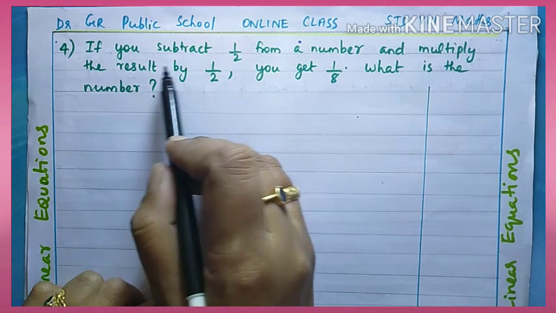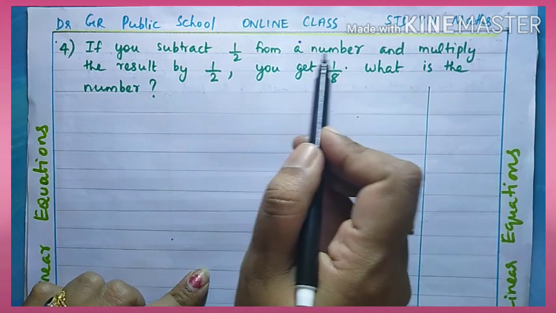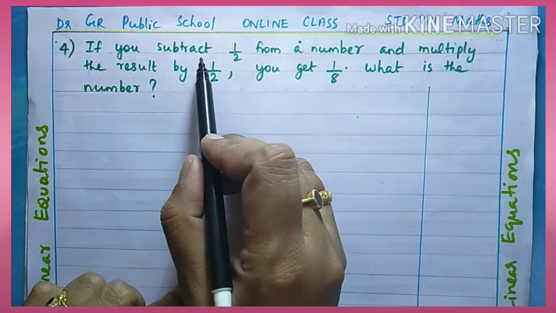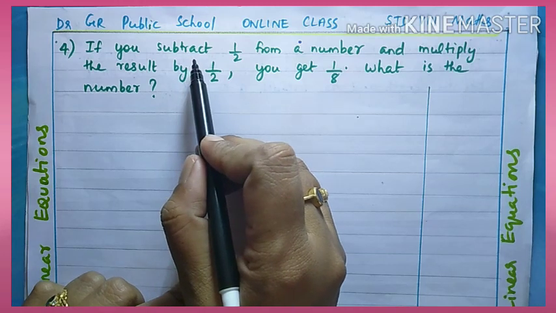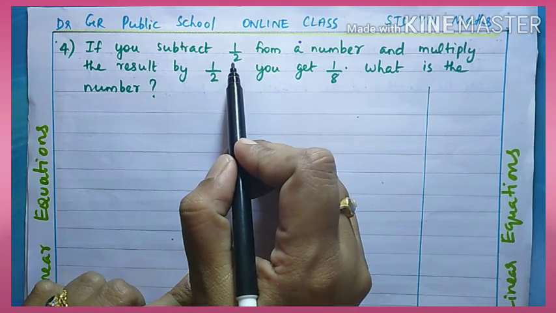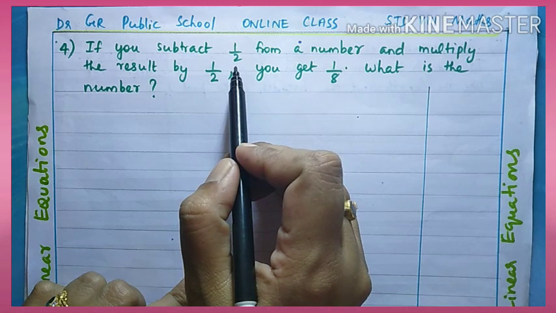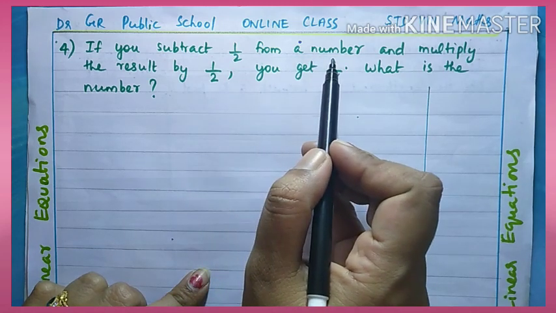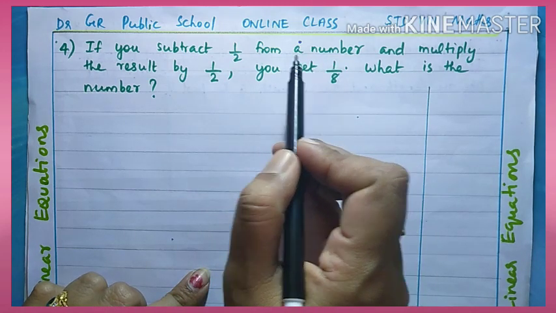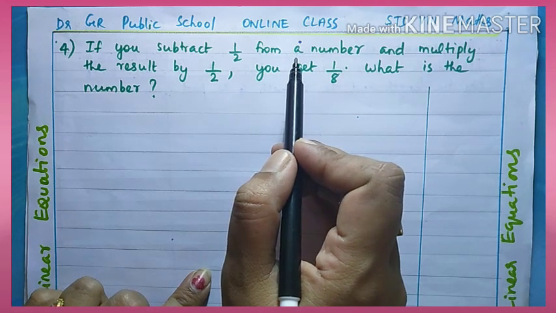Okay, come again. If you subtract 1 by 2 from a number, so we are going to subtract, means minus. What we are subtracting? 1 by 2 from a number. So we don't know what is that number. So that number is our variable x.